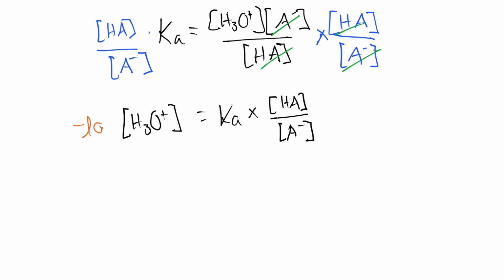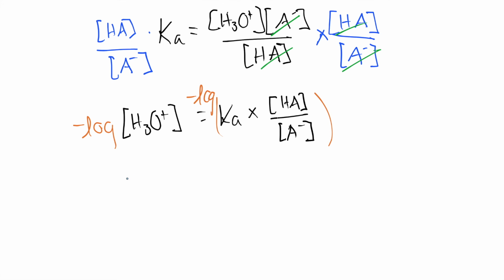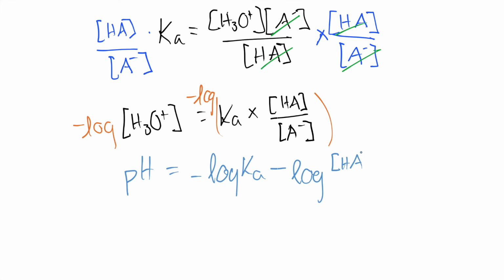Now what happens if we take the negative log of both sides? I've written this so many times and I never leave myself enough room. What is the negative log of the hydronium ion? We know that to be pH. So pH is equal to the negative log of the Ka minus the log of the concentration of the acid over the concentration of the base. What is the negative log of the Ka?